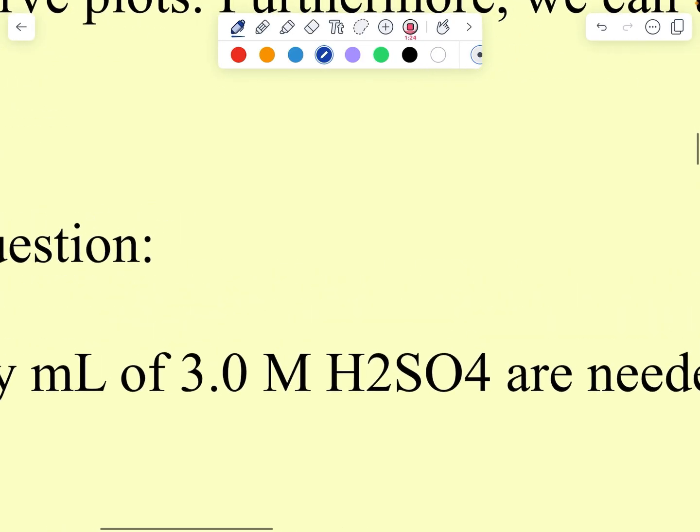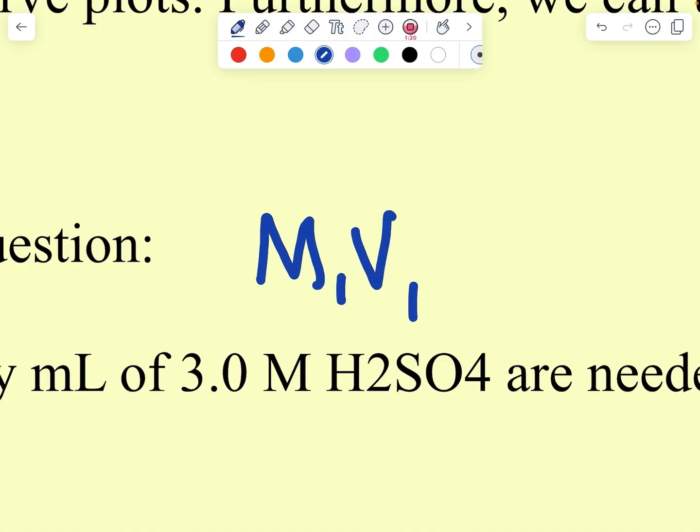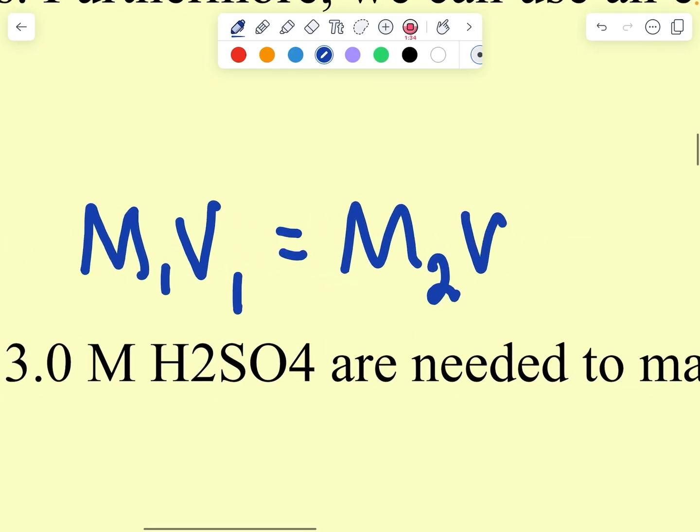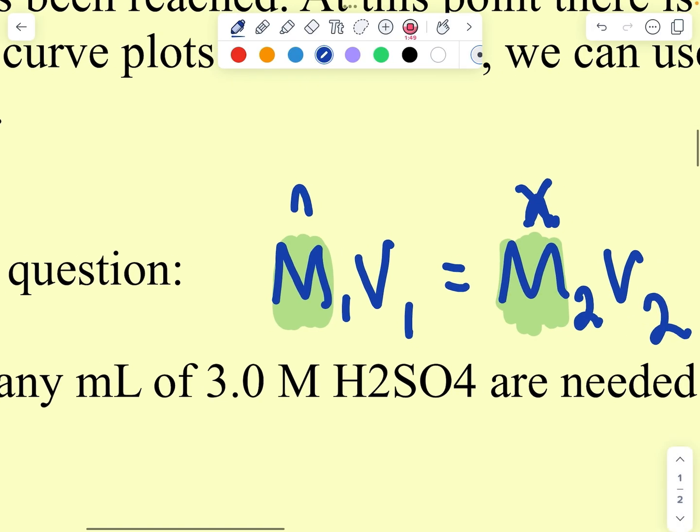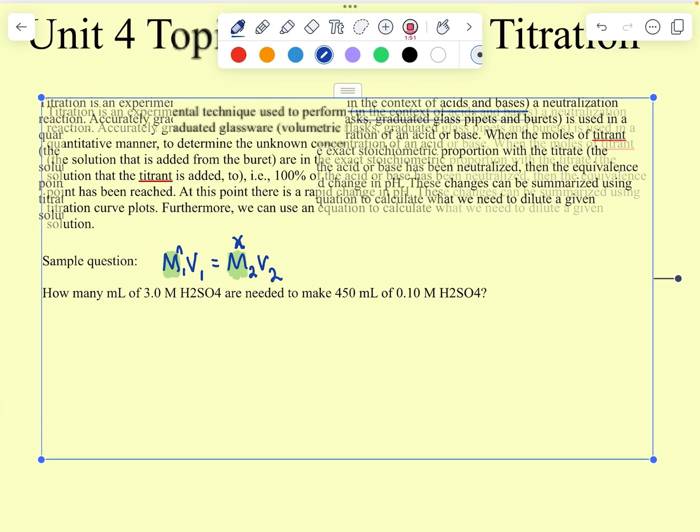So it's M1V1 equals M2V2, and you'll notice that we use an uppercase M instead of a lowercase m, so it's not mass, and we don't use an n, so it's not moles. We use the uppercase M for molarity, or concentration.